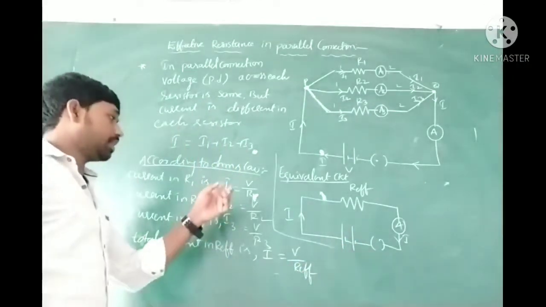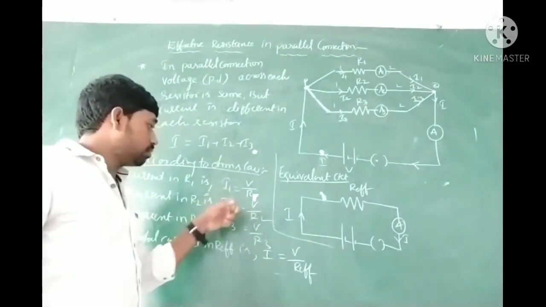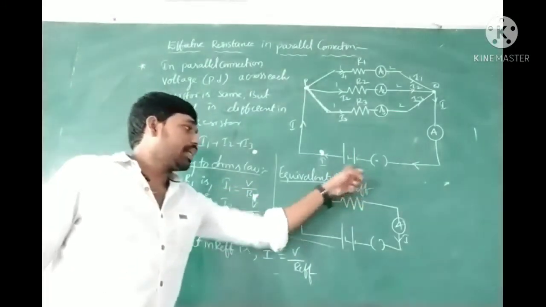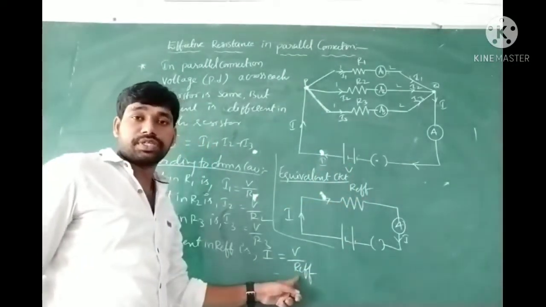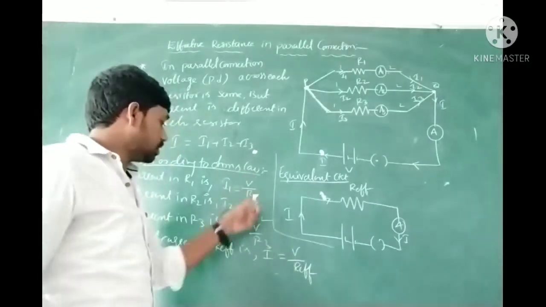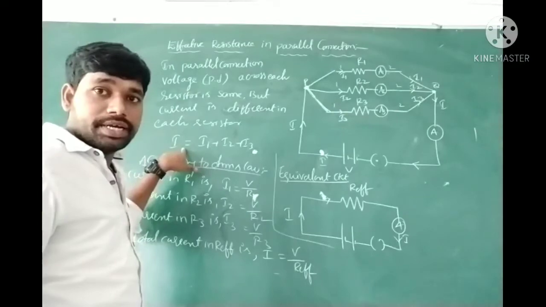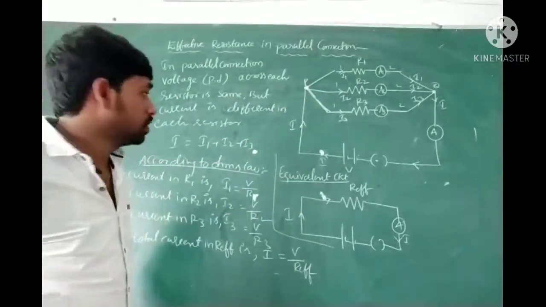This is the current flowing across R1, R2 and R3. At the same time, the current flowing in the effective resistance is V upon R effective. Let us substitute these three currents in the above equation and try to find the effective resistance of the total circuit. So let us see that.